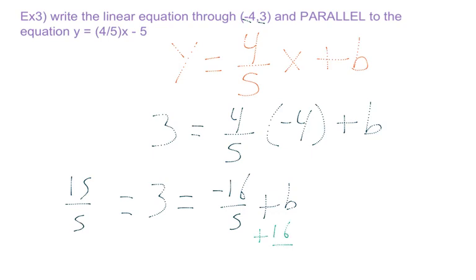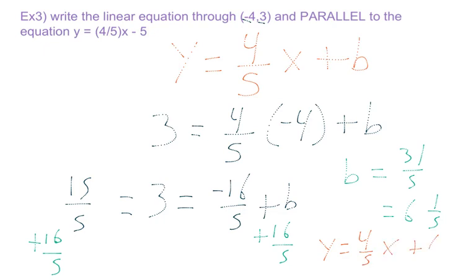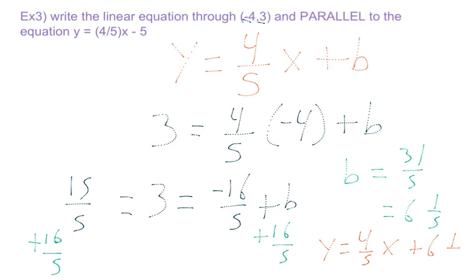So to both sides I'm going to add 16/5, which means then that my b is equal to 31/5, same thing as 6 1/5. So the equation I need here is y equals 4/5 x plus 6 1/5, or 6.2.